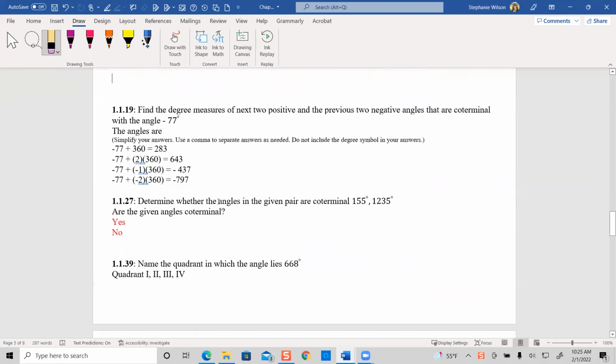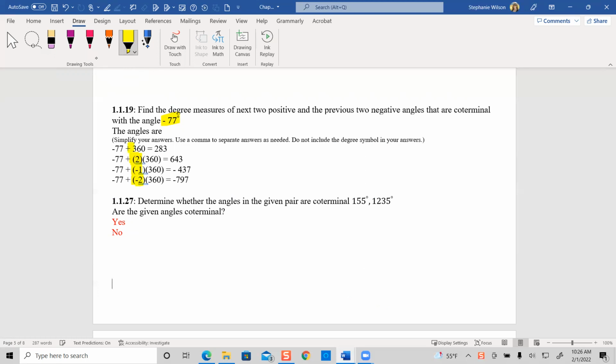this next one. We want to find the degree measures of the next 2 positive and the previous 2 negative angles that are coterminal. I actually worked this one out. I thought it would be great to see it. We were given an angle of -77 degrees. And what I did is I plugged in for K: 2, -1, -2.